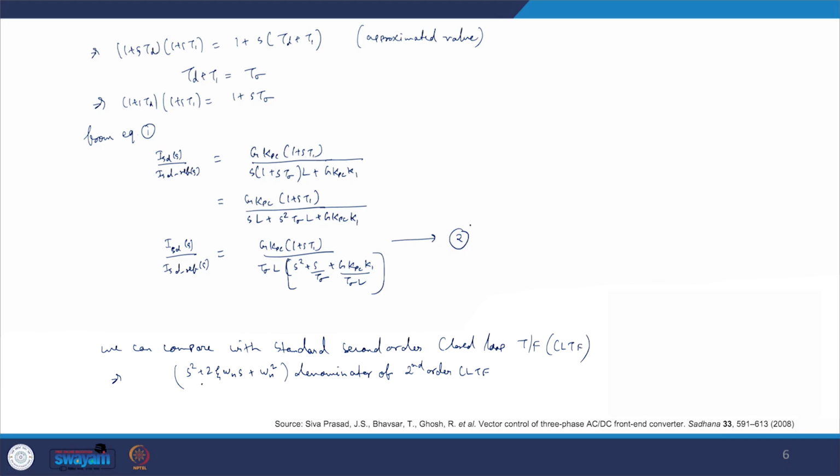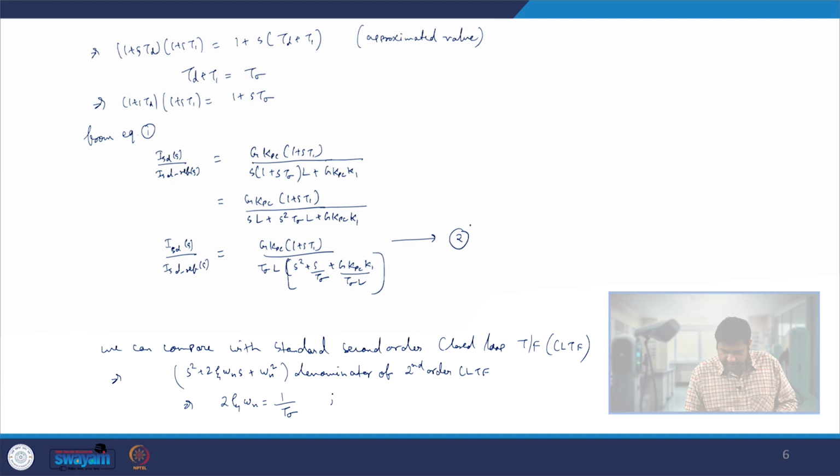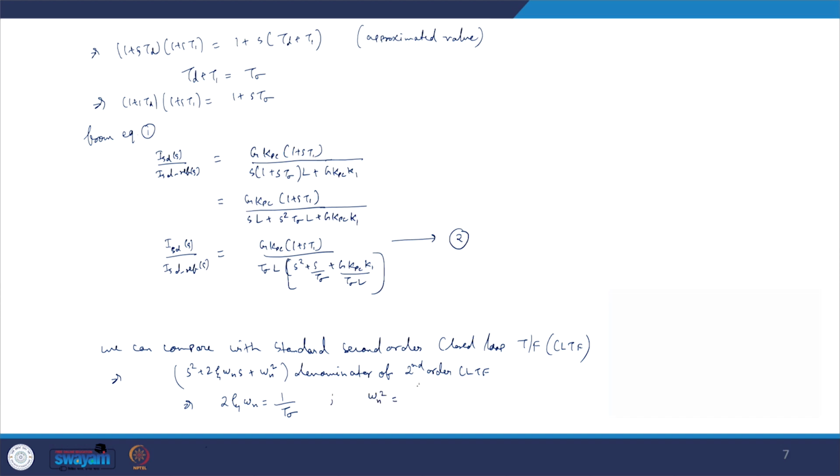Now if we compare this with the denominator of equation number 2, we get 2 zeta omega n equal to 1 by T sigma, and omega n square equal to G Kpc K1 divided by T sigma L. Now if we keep the zeta value to be 0.707, we get 2 by root 2 omega n equal to 1 by T sigma.